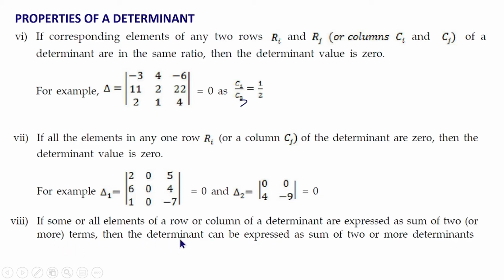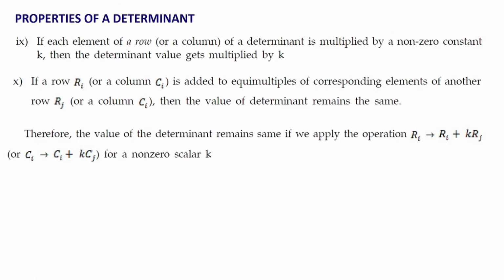If some or all elements of a row or column of a determinant are expressed as sum of two or more terms, then the determinant can be expressed as sum of two or more determinants. So if some or all the elements in a row or a column can be expressed as sum of two or more terms, then the determinant can also be expressed as sum of two or more determinants.